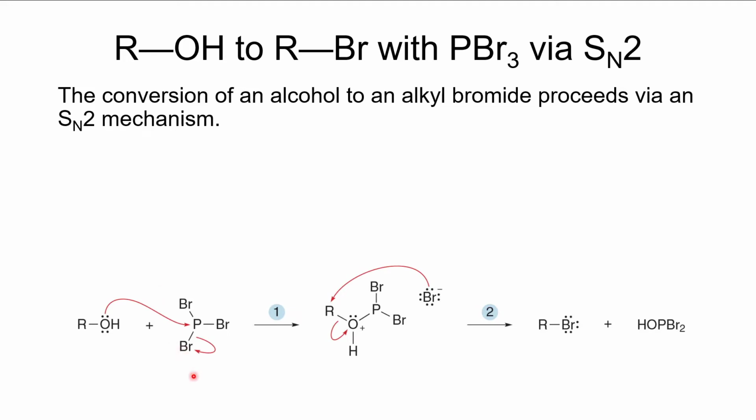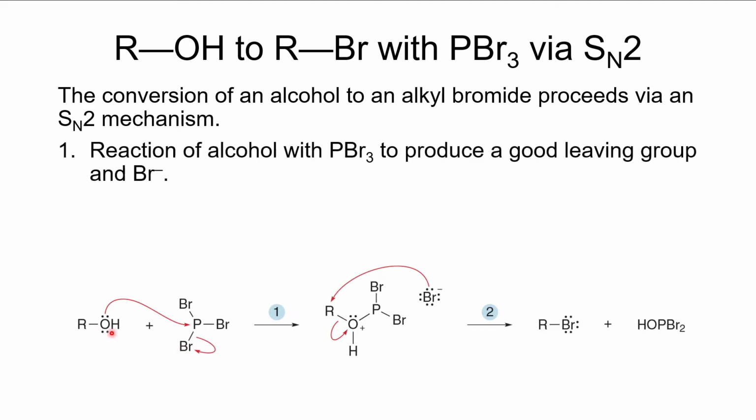The first step is going to be the reaction between the alcohol and the phosphorus tribromide. We're going to lose bromide in the course of that, and we'll form a new bond between the oxygen and the phosphorus. And then bromide is going to come around and react with the carbon, again, either primary or secondary carbon.